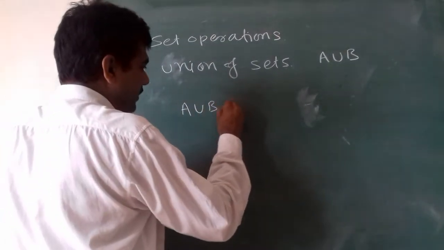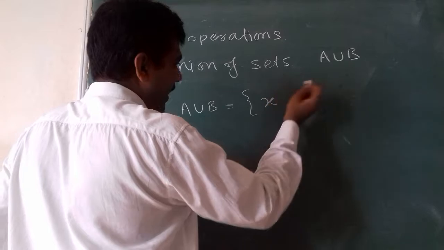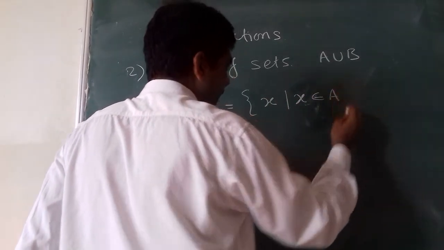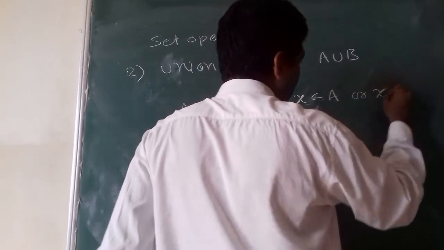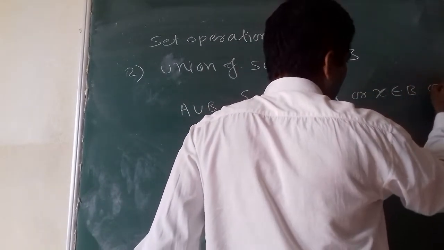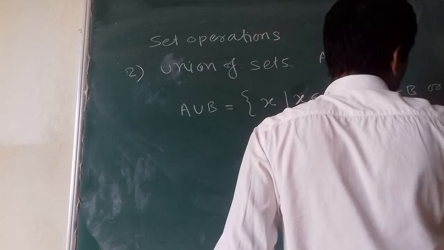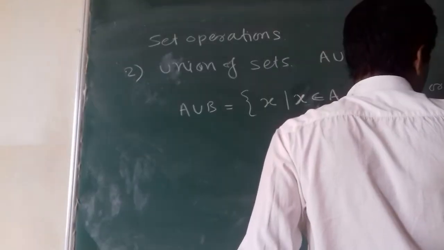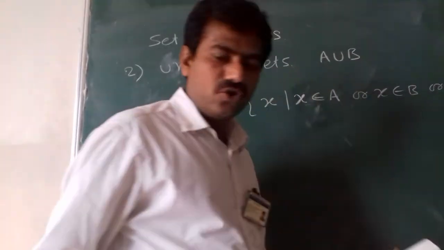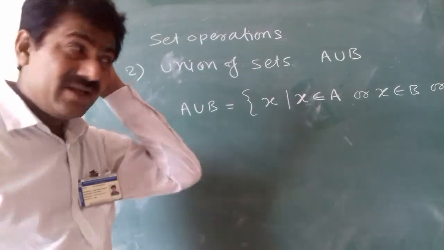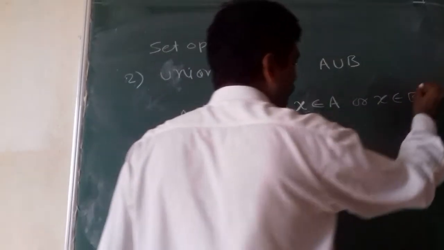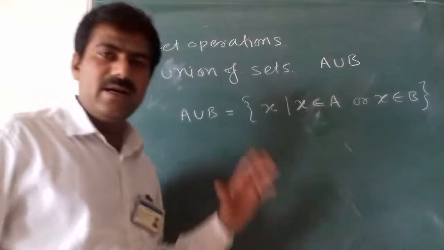A union B is the set which contains the elements x such that x belongs to capital A, or x belongs to capital B, or x belongs to both. So no need to mention this as well. It should belong to capital A or capital B.